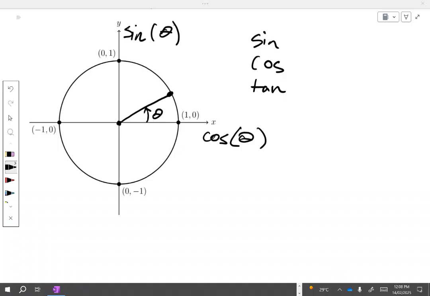There are a few exact values that we'll talk about in a later lesson, but just for now, the general rule is that if I put a point on this circle, and I draw a line from the center to that point, then I can measure an angle, always starting from the positive x-axis.